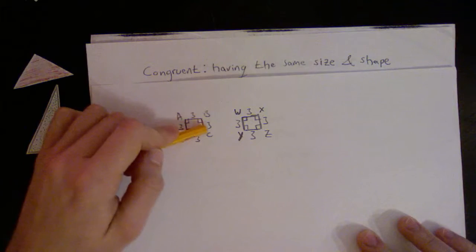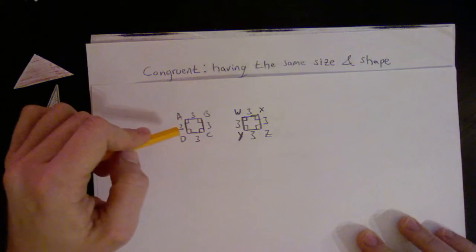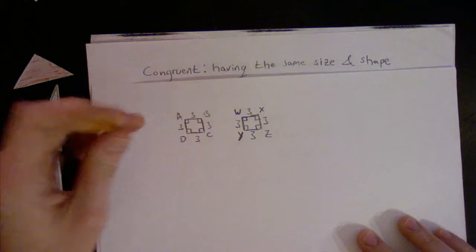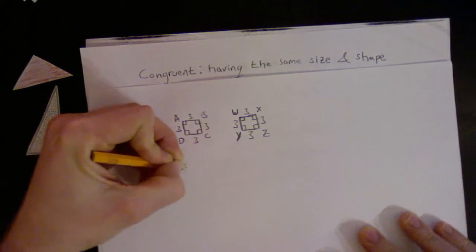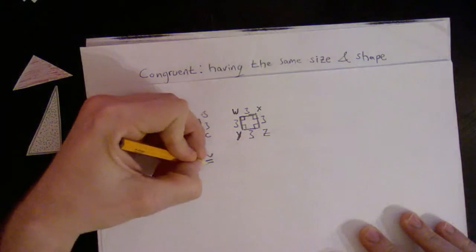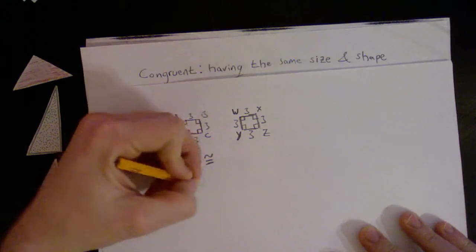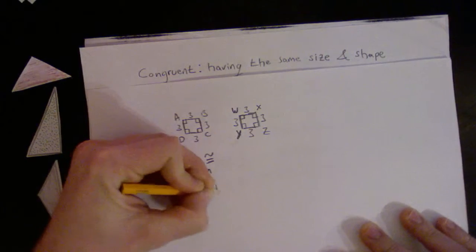They both have all right angles for their angles inside, and they have a length of 3 on each of their outside sides. So I can then write that ABCD is congruent, and this is the symbol that means congruent, not equal. This is the symbol you use to write congruent.